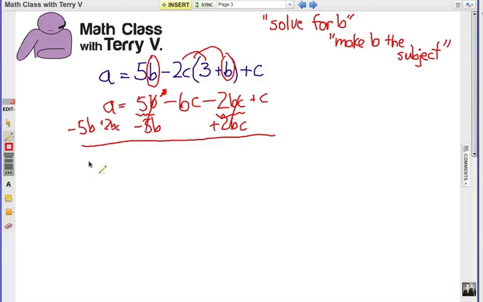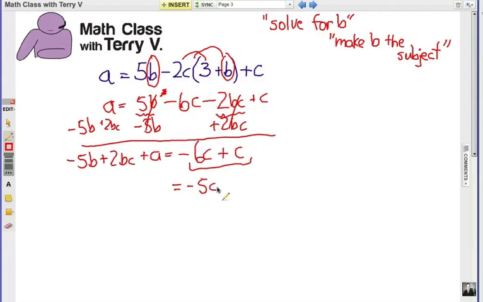So we have negative 5B plus 2BC, don't forget the plus A there on the left, equals negative 6C plus C. Well, the good news is that we can combine those and write that as negative 5C. So here's what we've got. Negative 5B plus 2BC plus A equals negative 5C.